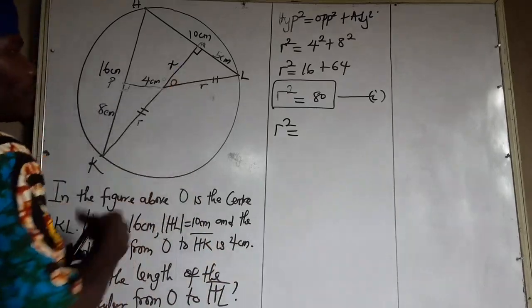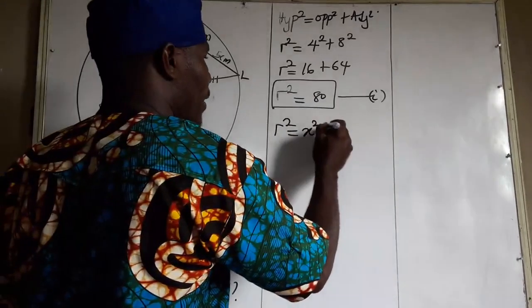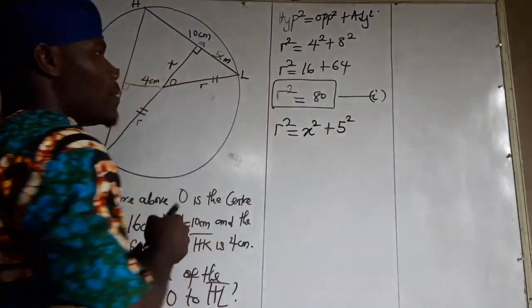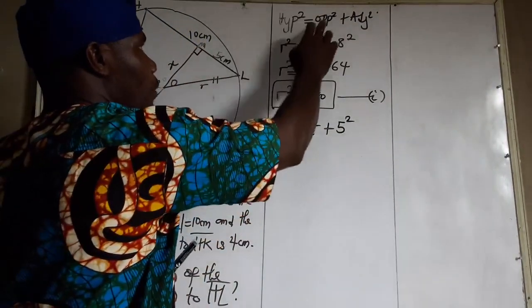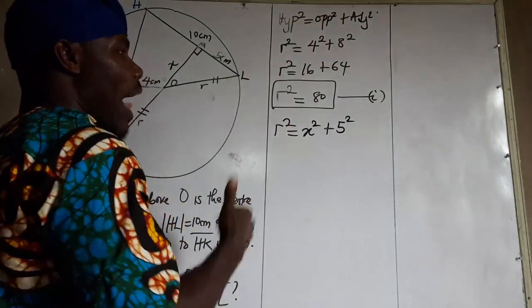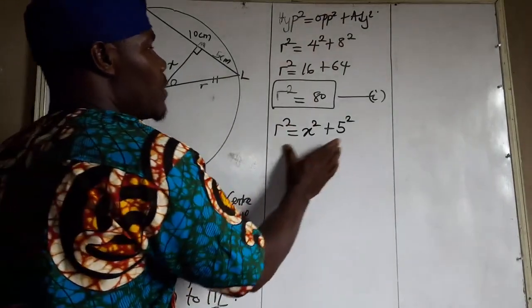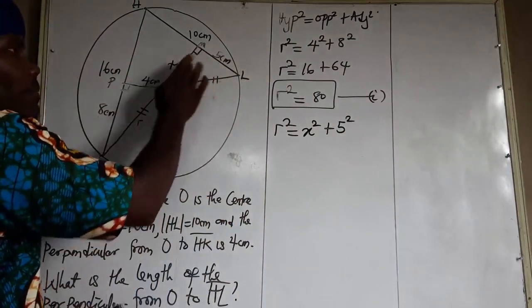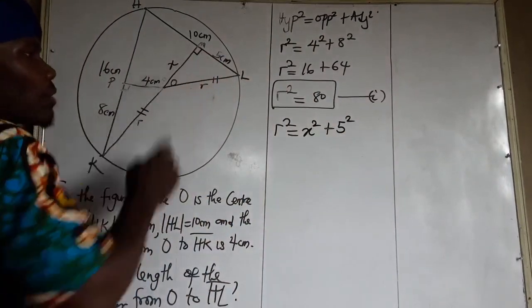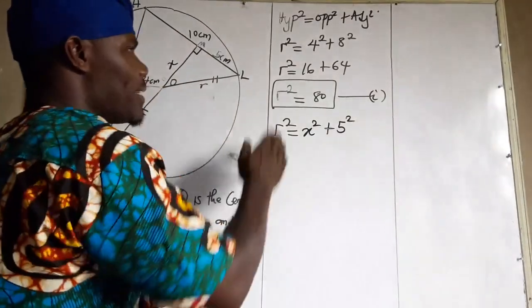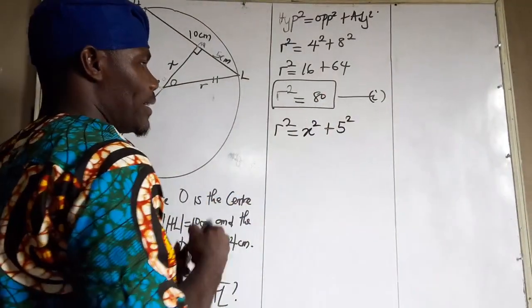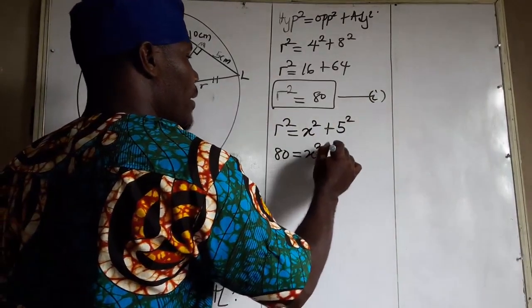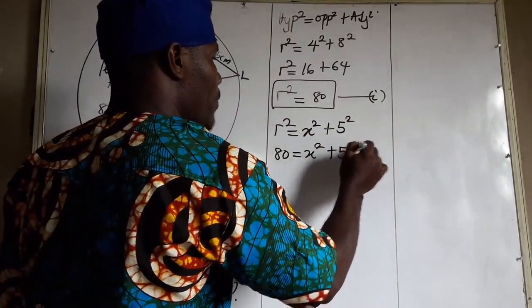We also obey Pythagoras' rule in considering this triangle: hypotenuse squared is equal to opposite squared plus adjacent squared. You know that the value of R squared is 80 from equation 1, so we put 80 is equal to X squared plus 5 squared.